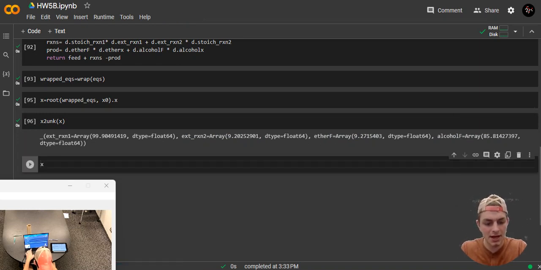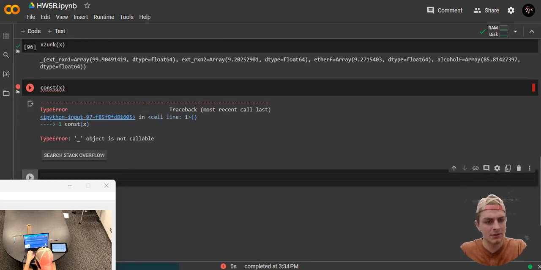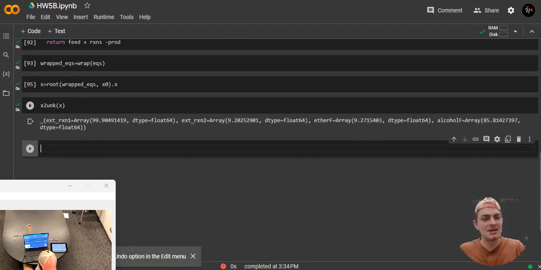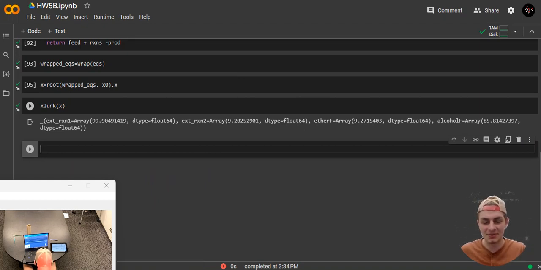Similarly, I believe we could also do constant of x, maybe? Okay, maybe not. I was going to try and pull out all the constants, but I don't know that that is possible from here. Okay, but there it is. There is all of the answers to our overall system here.